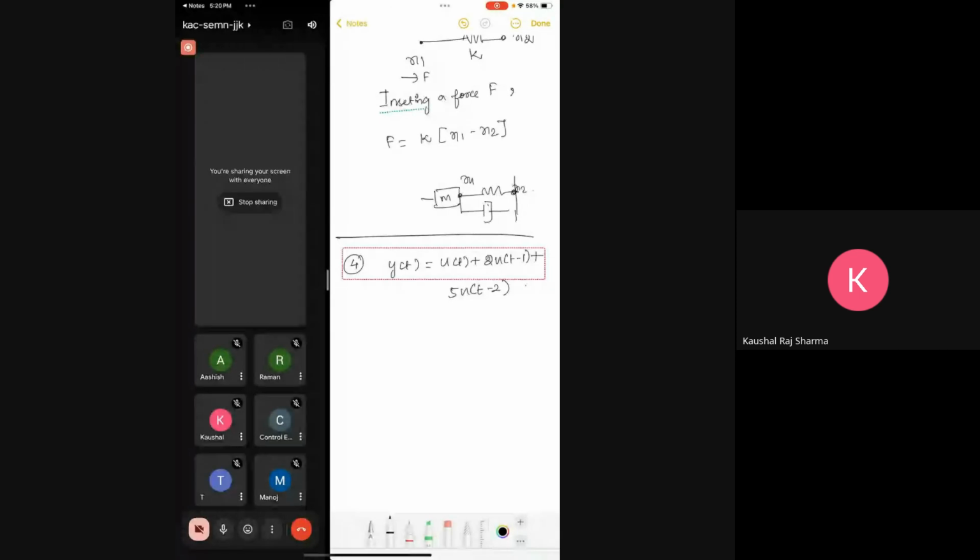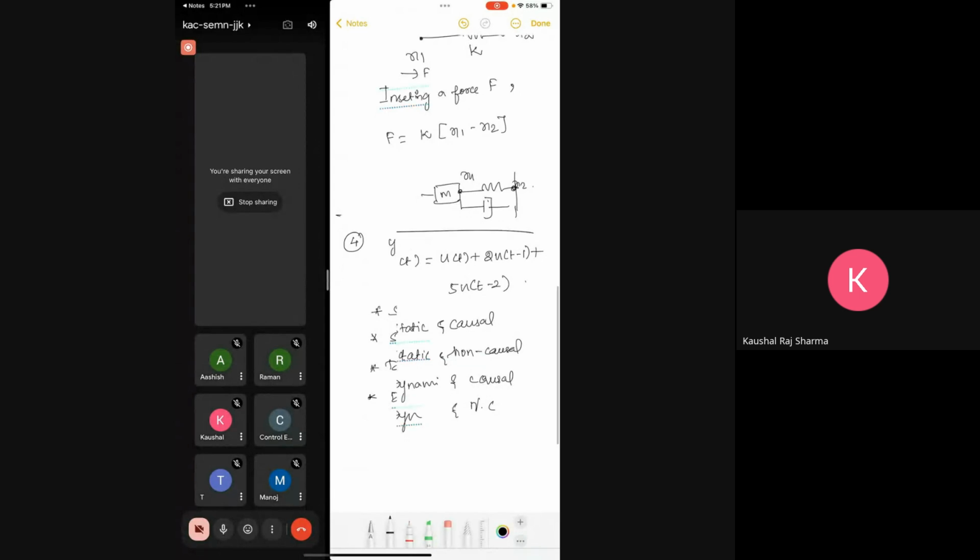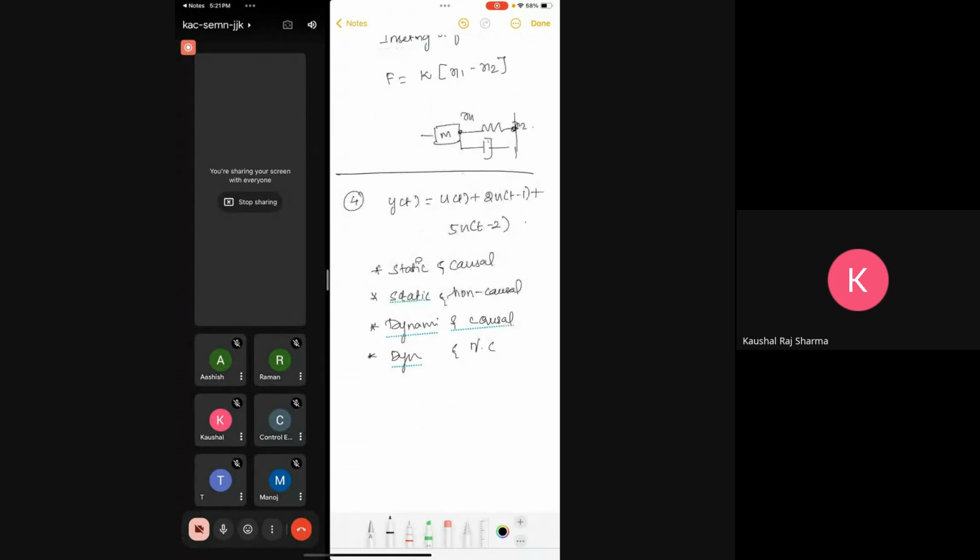The question is whether the system is static and causal, static and non-causal, dynamic and causal, or dynamic and non-causal. What option would be the correct option, you think? Where y is the output and u is the input.